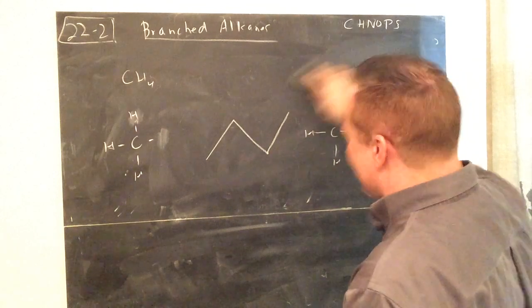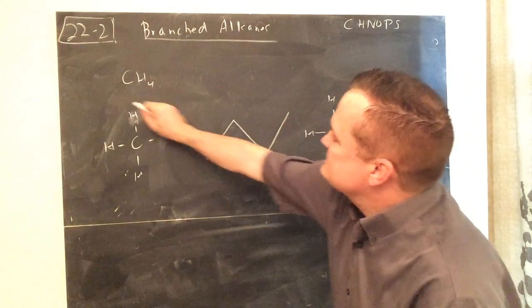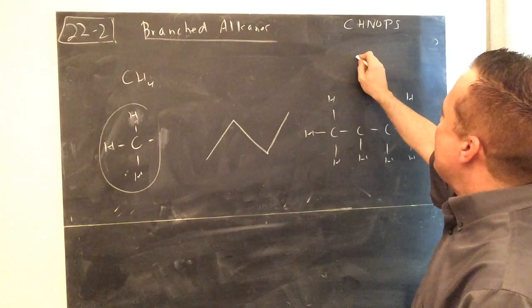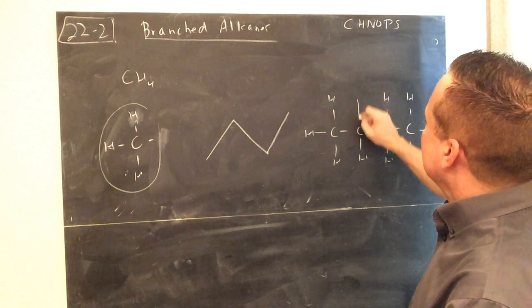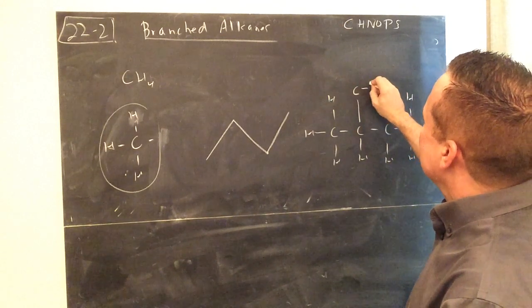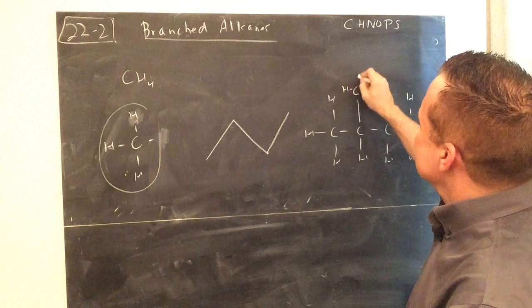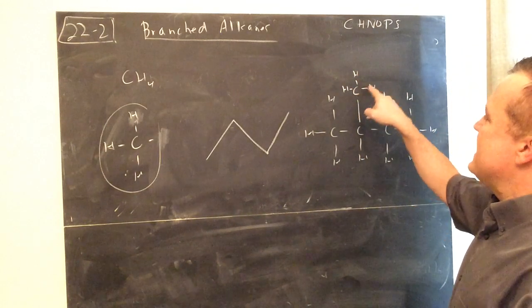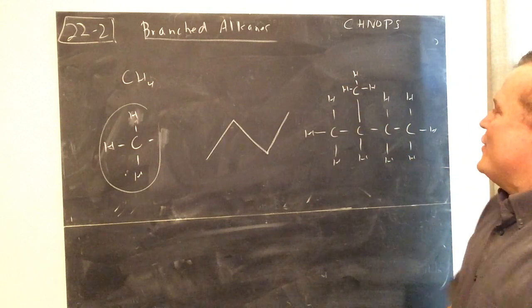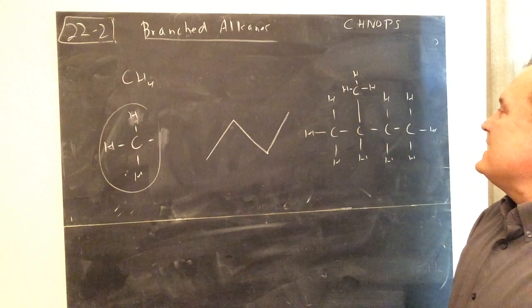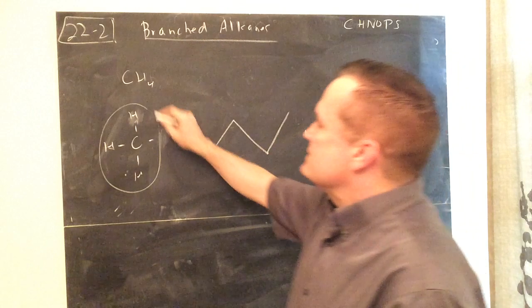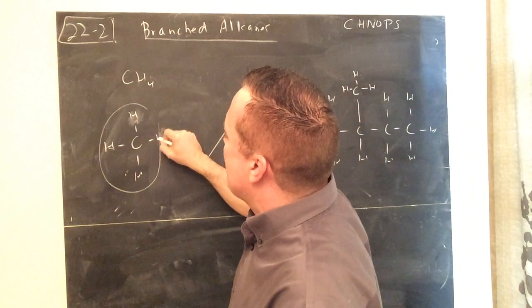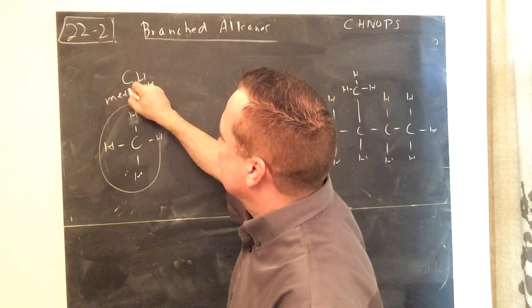I can bring this one all the way up here, and I'll put a C there. Then I'll put an H, H, and H. There it is. So I put a C, H, H, H right there. Now, that is actually called a methyl group. So methane, CH4, is methane, we know that.